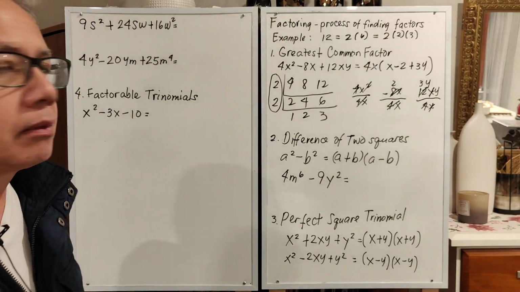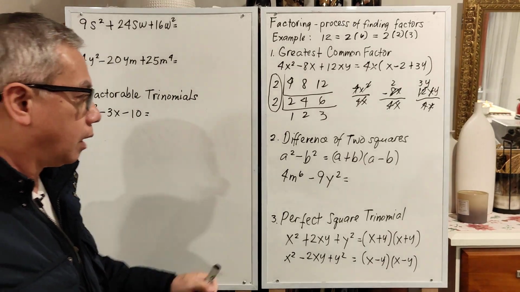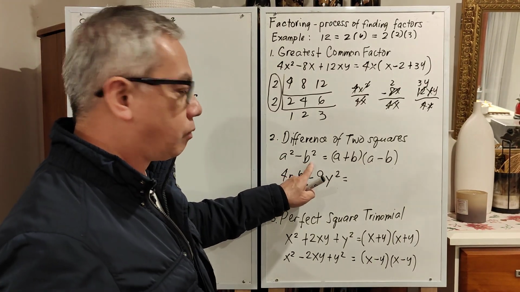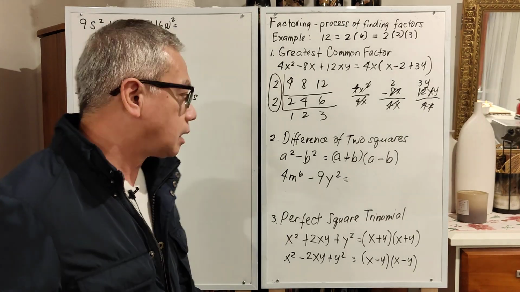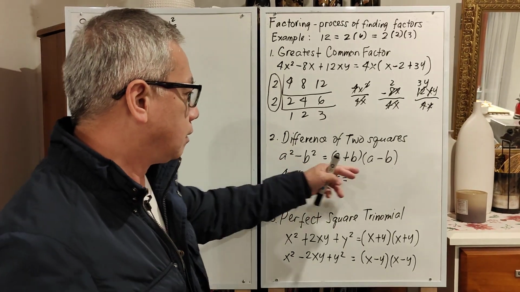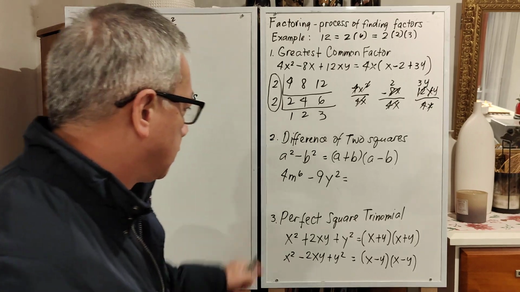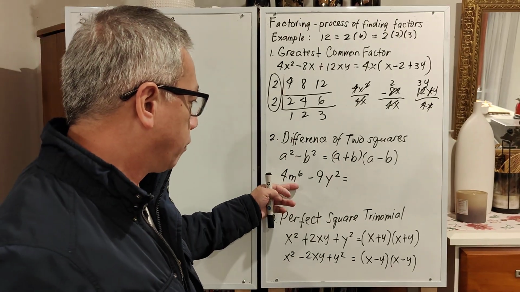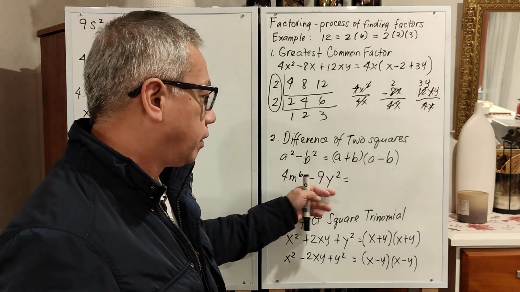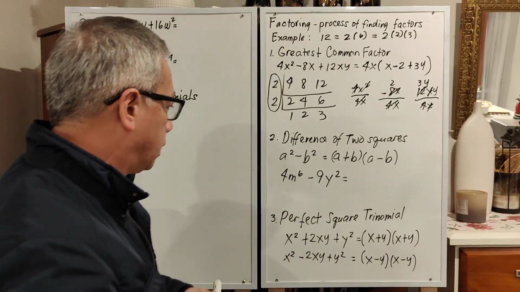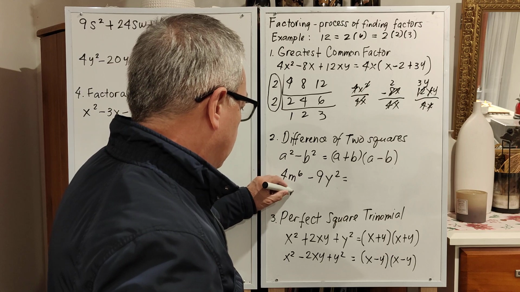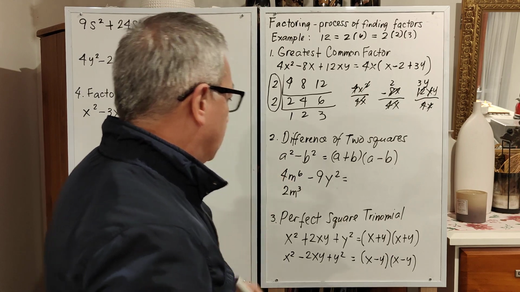Second is the difference of 2 squares. If you have 2 squares and the operation in the middle is negative or subtraction, we can rewrite it in this format. For example, this is a perfect square. This is also a perfect square, and it is subtraction. So we get the square root of this one. The square root of this one is 2m to the third power.